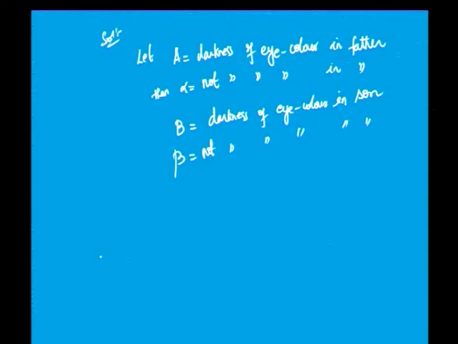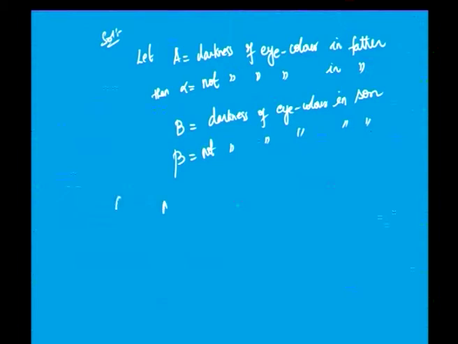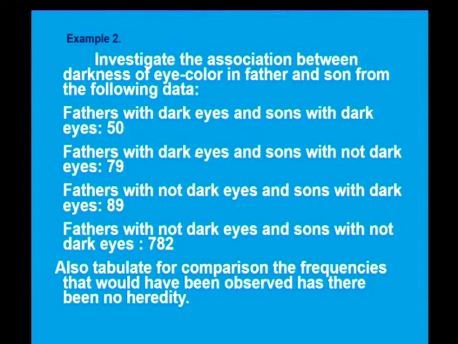So, what are the values given in the question? Fathers with dark eyes and sons with dark eyes, that is A and B. AB is given to be equal to 50. Then fathers with dark eyes is A and sons with not dark eyes is beta.